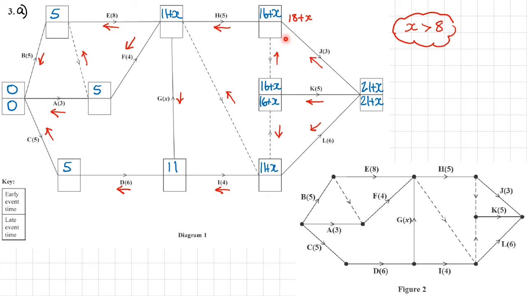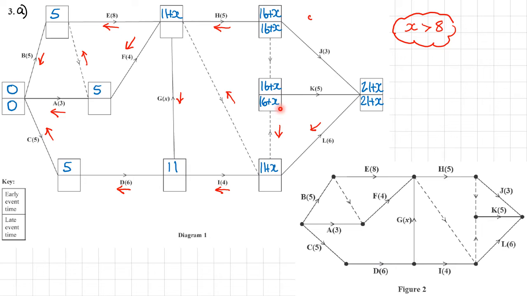So now we can work out what to put here. So here, this has no weight, so this is going to be 16 plus x here as well. So these are my two choices. I take the lower of the two, so that's also going to be 16 plus x. Okay, what I'll do is I'll rub out those routes that I've already done and work backwards along.